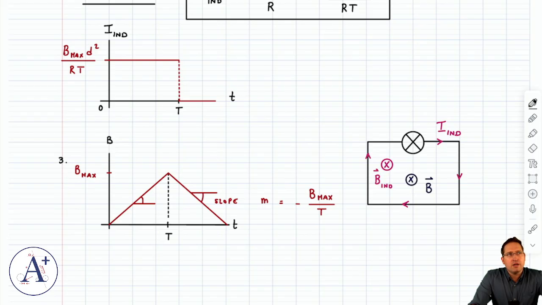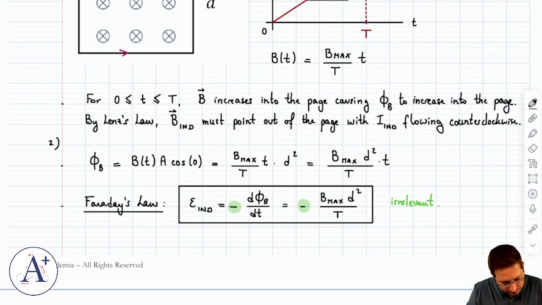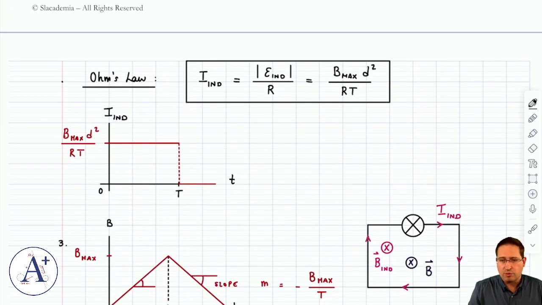But if we're actually going to drop B at the same rate linearly, then I induced in magnitude will not change, because what we'll get here is a flux that's going to be this, it just will be negative. That'll change this into a positive, but we just said the sign of epsilon induced doesn't matter, just its magnitude. And I induced will end up being the same.